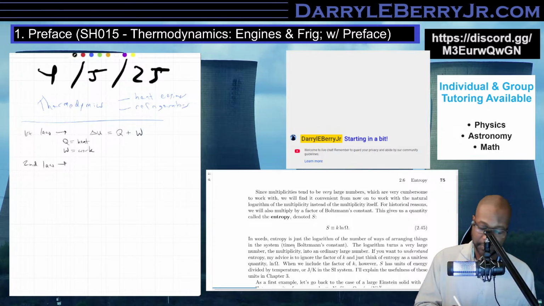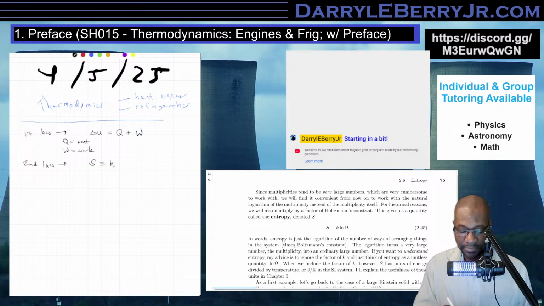So basically we have S equals the Boltzmann constant, I'll put a mini b, times the natural log of the multiplicity of the system.